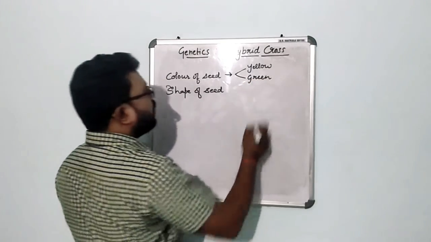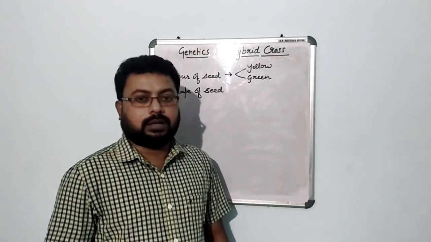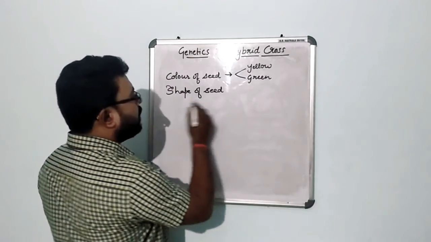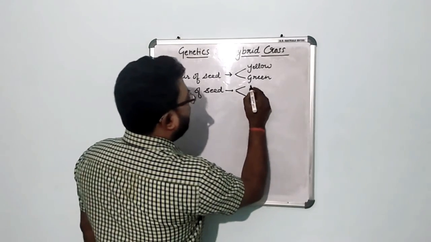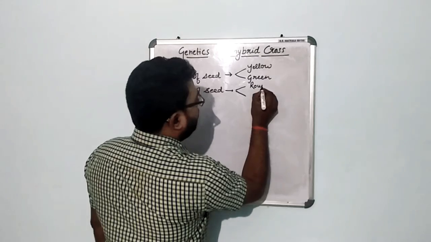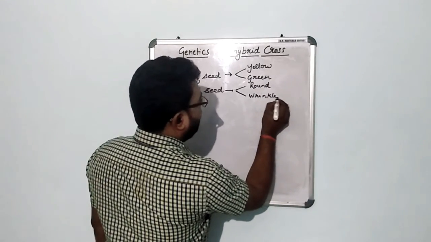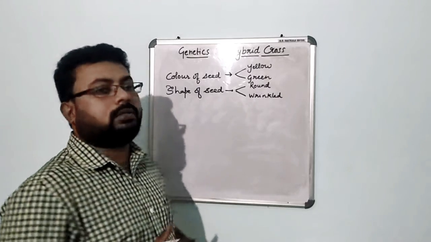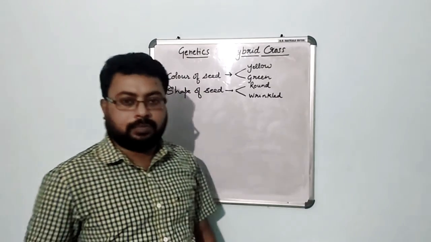So there are two colors of seeds found in the pea plant. Then when we talk about the shape, again there are two types: one is round and the other is wrinkled. So these were the four traits that Mendel got, two of color and two of shape.